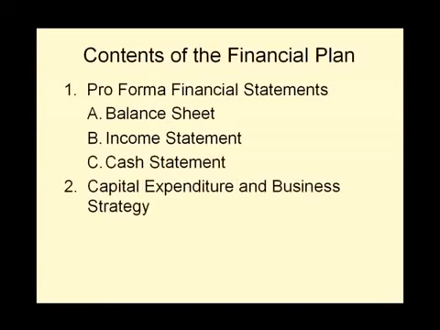It contains a capital expenditure plan that is required by the business strategy of the firm, and the business strategy will be described in the financial plan. And it has the planned or necessary financing to support the capital expenditure and business strategy.